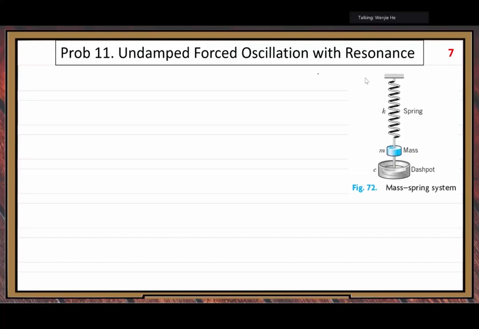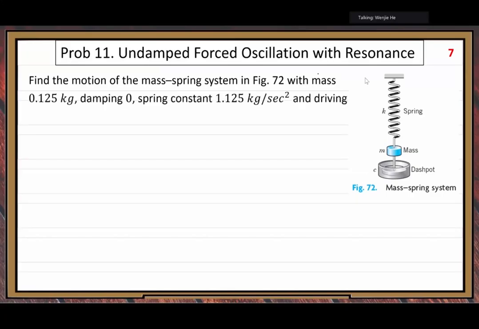Here I just use a similar system, it may not be perfect. Find the motion of the mass-spring system with mass given and damping 0. It means the constant C equals 0.